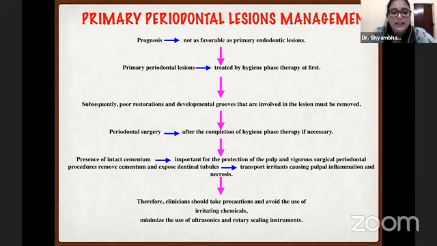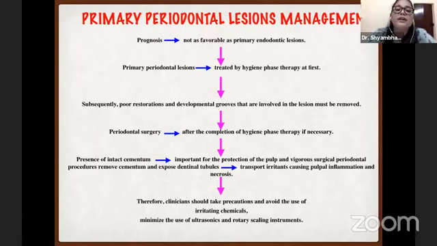And the presence of intact cementum is important for protection of the pulp, and hence vigorous surgical periodontal procedures that remove cementum and expose dentinal tubules should be avoided, because you do not want to do more damage while doing the treatment rather than healing.